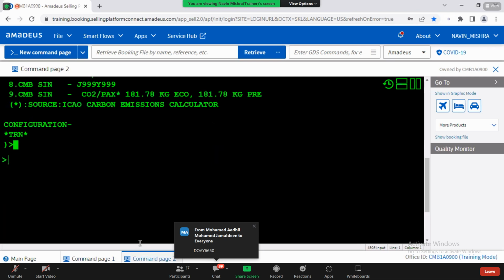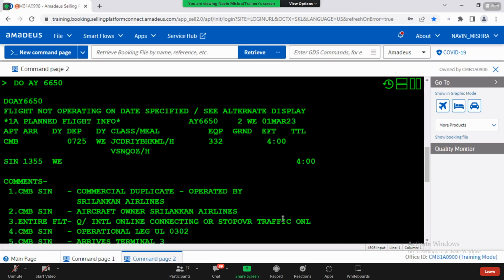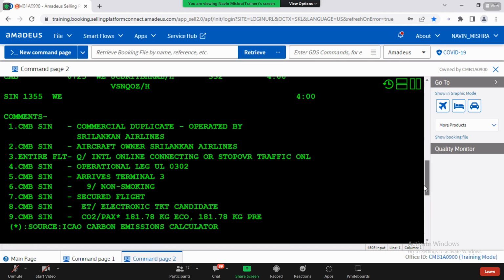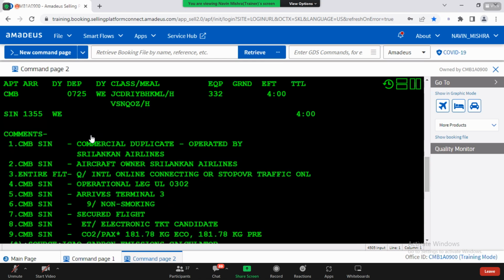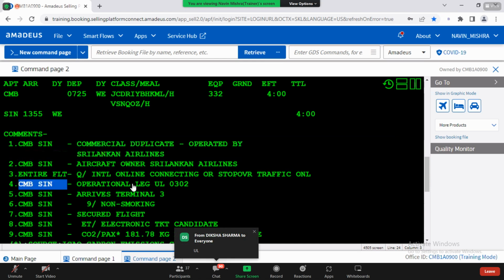I do BOAY 6650. Now it will give me the flight information of AY 6650. Which one is the operating airline? Sri Lankan Airlines is the operating airline. And tell me the exact flight number the passenger has to sit on. Clear? How do you find out that information?